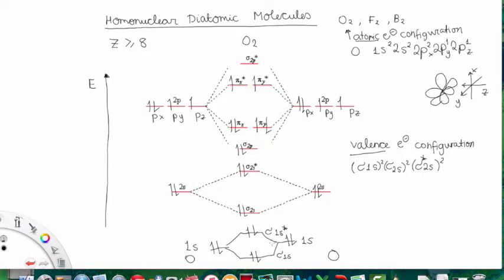Basically, I'm going through each of these different levels and filling them up. So actually, I forgot the sigma 1s antibonding. And then we have sigma 2px2, and then we have pi 2p4, pi star 2p.